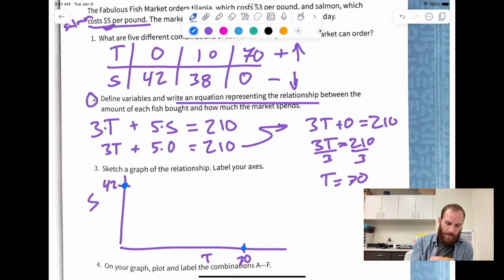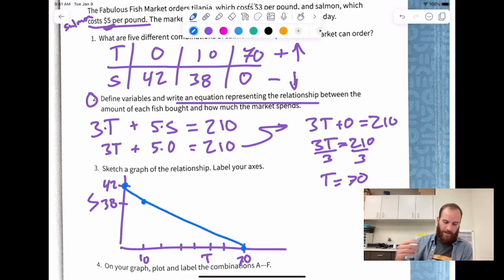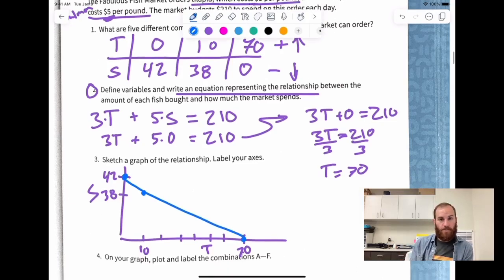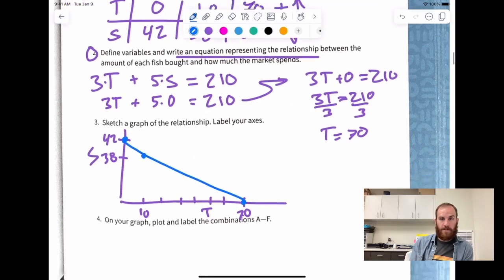And somewhere in the middle, we have our point where it is 38 and 70, I'm assuming that's 1, 2, 3, 4, 5, 6, 7. So that would be 10. We'd have another point here. This is going to look a little curved, but our line is going to be a negative slope. So you should have something like that.